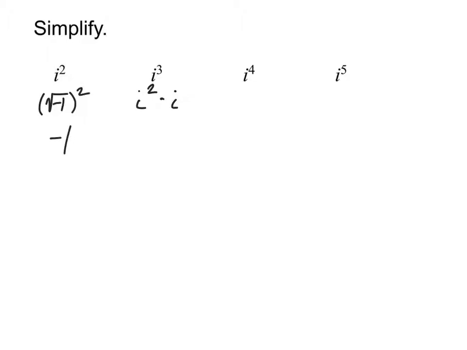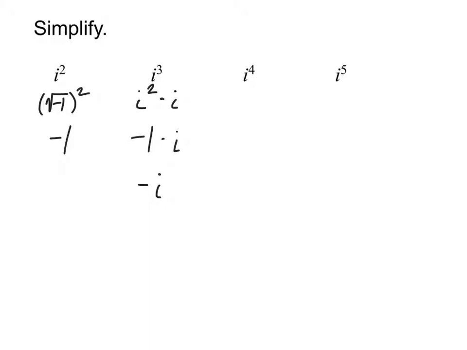What does i squared equal? -1. That's the one I just found. So it's going to end up giving us -1 times i. Well, and -1 times i would then equal -i. And again, the idea behind this is trying to really reinforce what does i represent.